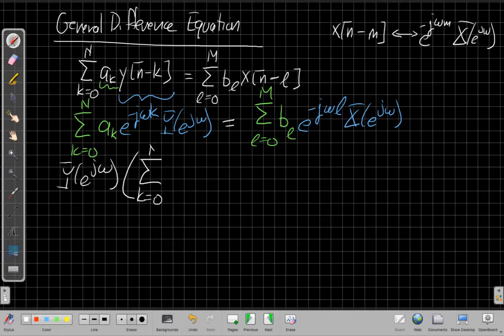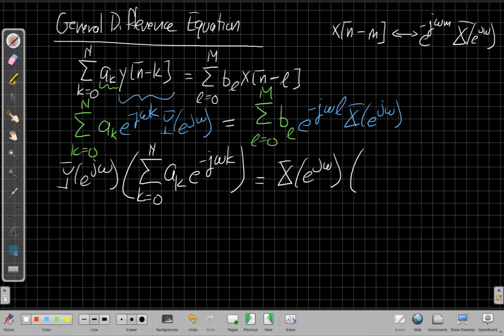I've moved all that dependence into these complex exponentials we got from the delay property. And I can do the same thing on the right-hand side. So I pull the x of e to the j omega out front, and what's left is the sum over L equals 0 to m of b sub L e to the minus j omega L.